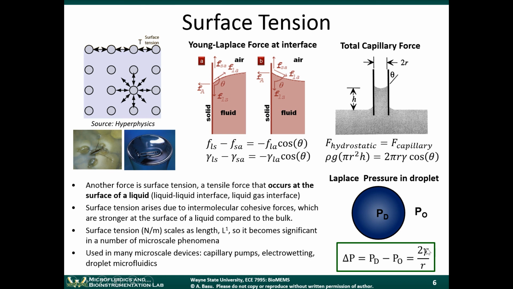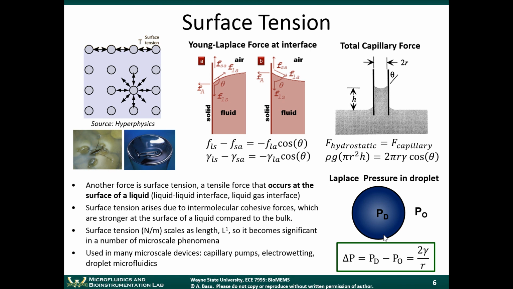Interfacial tension has to do with the surface tension between this phase and this phase. So if you're just talking about a droplet inside air, then it's the liquid-air interfacial tension. But if you're talking about a droplet in oil, then there's a different interfacial tension for water in oil.